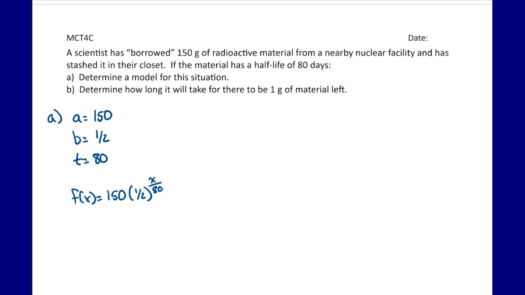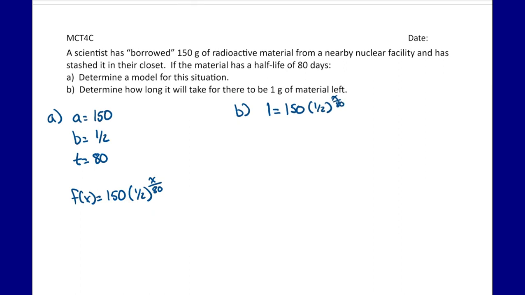Now that I have my equation, I can use it to figure out how long it'll take to have any amount of material left. In the case of B, we want to figure out when we have 1 gram left. So 1 equals 150 times 1/2 to the power of x divided by 80.